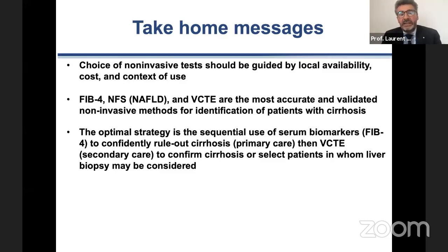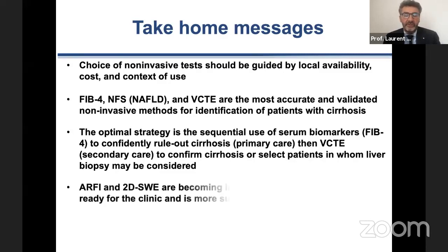And the negative predictive value to rule out cirrhosis is very good. Then as a second test, transient elastography is probably the most suited in secondary care to confirm cirrhosis, or in patients with any doubt, to select patients in whom liver biopsy may be considered.